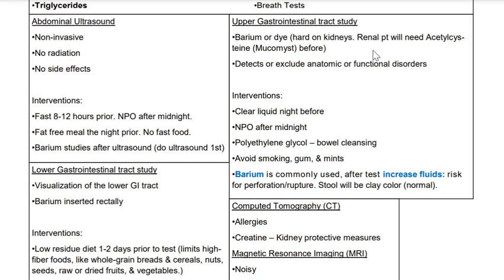Renal patients will need to add acetylcysteine, and it says before, but I've seen it where it's before, during, and after to help remove the contrast out of the body. Okay, detects or excludes anatomic or functional disorders. That's what it's doing when you're looking at the barium. It shows a nice outline of what you're trying to see.